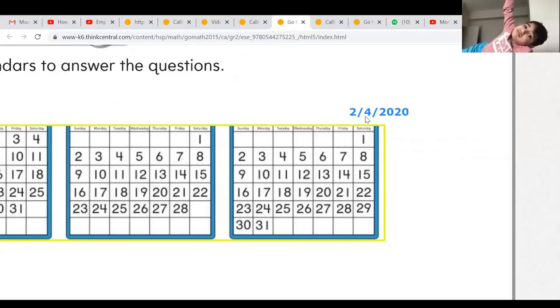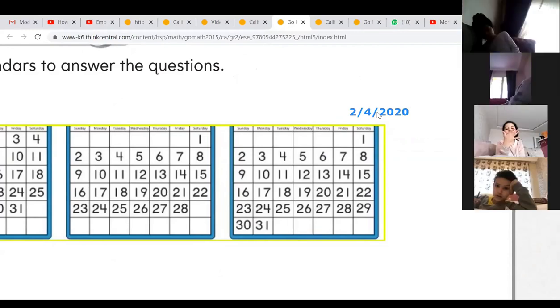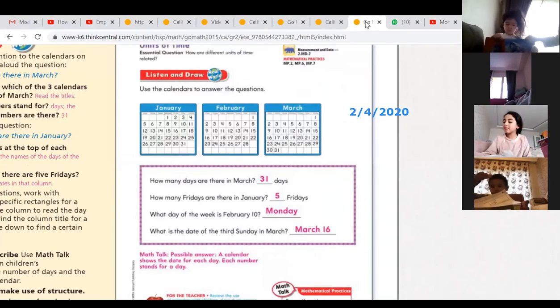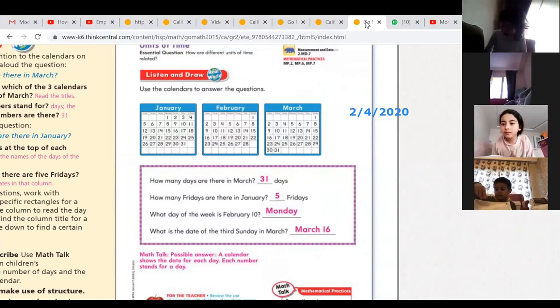So, 2nd March is the 1st Sunday. 9th of March is the 2nd Sunday. What is the date in the 3rd one? Who can answer this? Okay, Ahmad, say it. 16. 16, very good. Now check your answers.